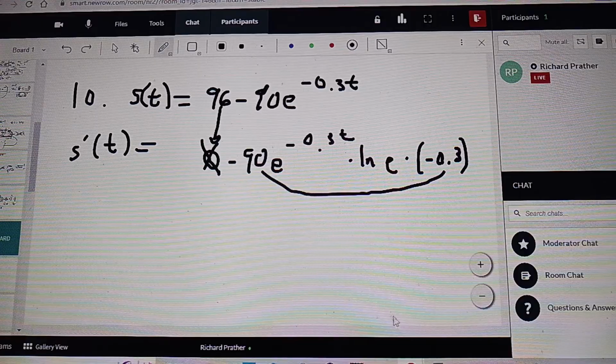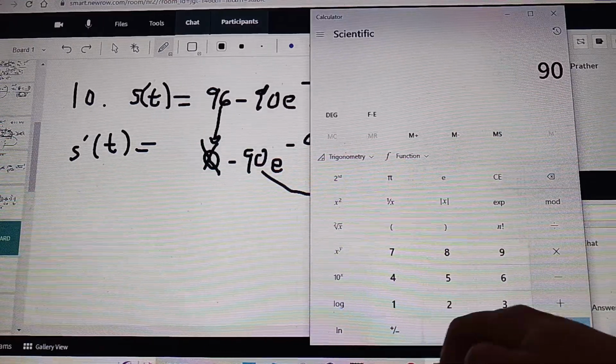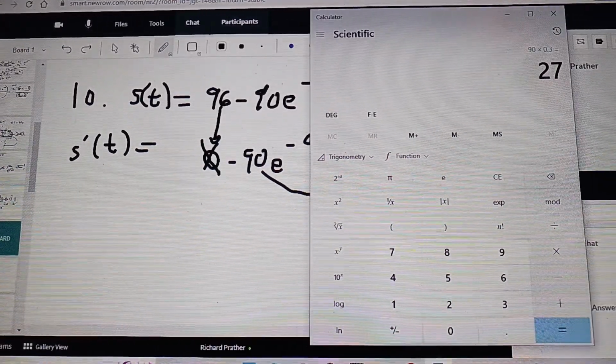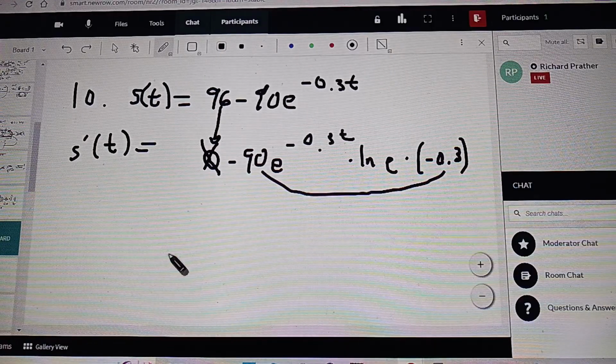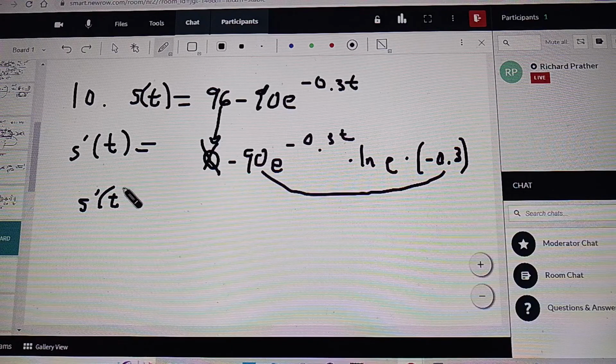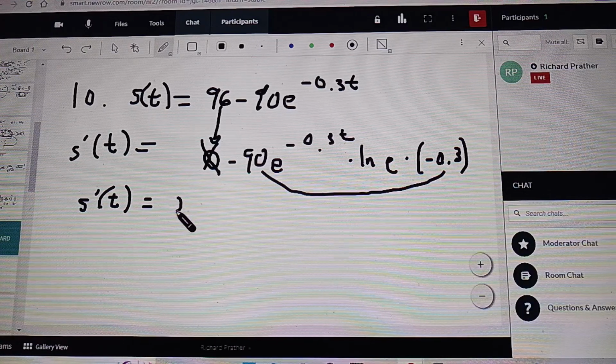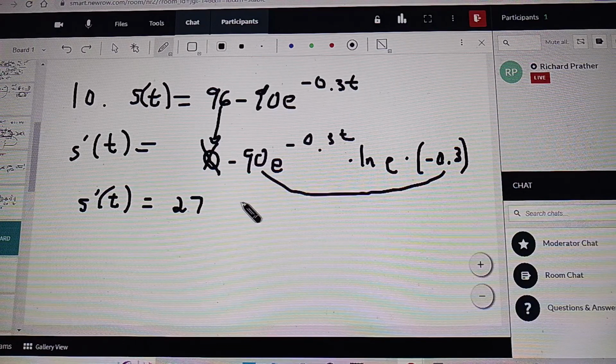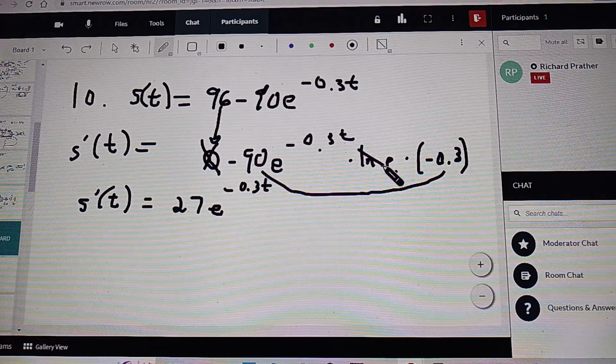Negative 90 times negative 0.3 is positive 27. So the derivative of s with respect to t is positive 27 e to the negative 0.3t times 1, which doesn't matter.